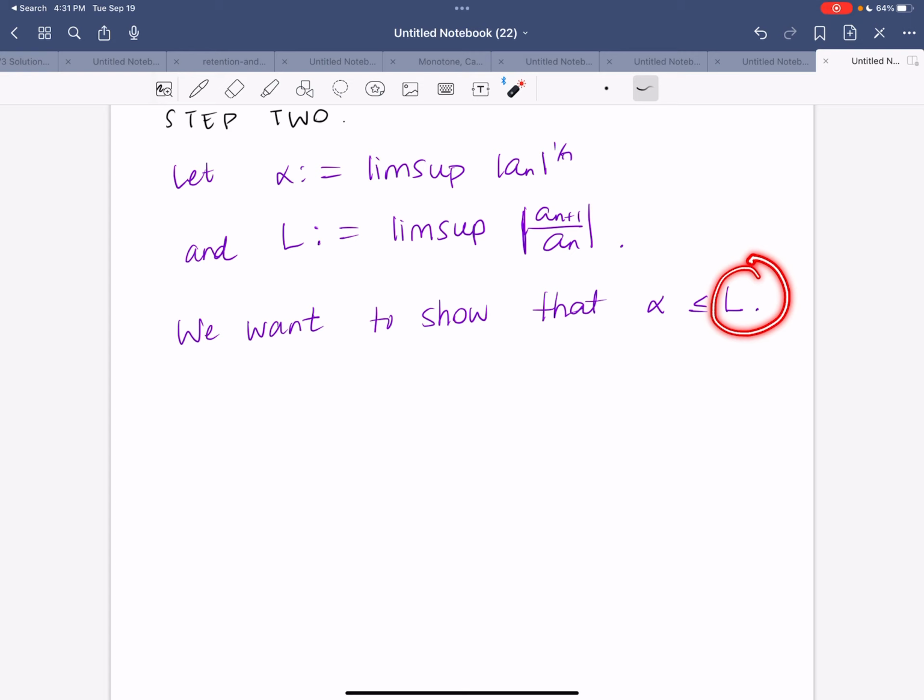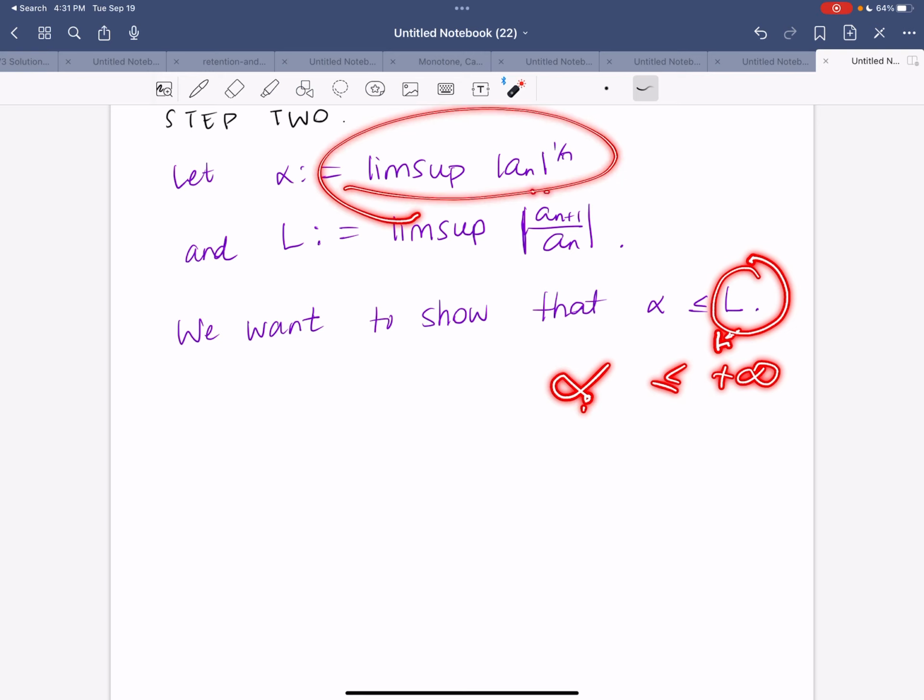So if L is plus infinity, then by convention, whatever alpha is, if alpha is a real number or plus infinity, then it'll be less than or equal to plus infinity.